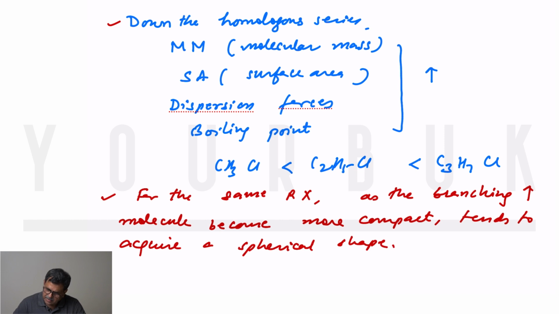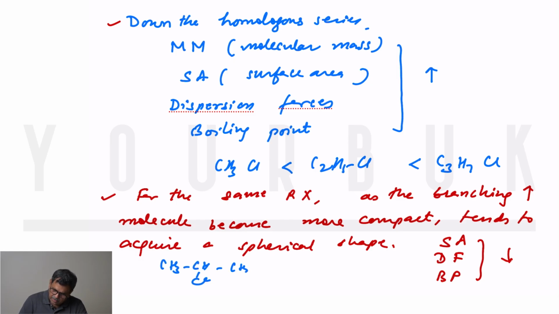So as a result, the surface area decreases, dispersion forces decrease, and the boiling point decreases. So that's why isopropyl chloride has a lower boiling point than normal propyl chloride.